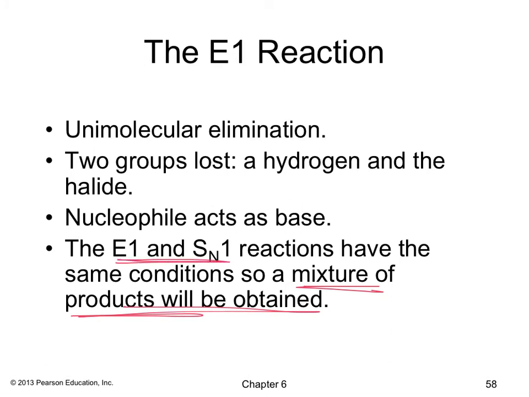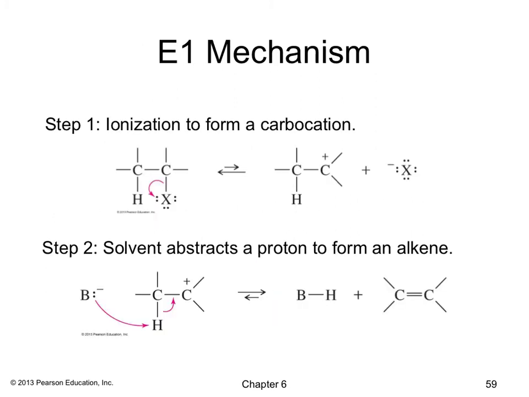The E1 and SN1 reactions have the same conditions, so a mixture of products will be obtained. If you're going to have E1, SN1 will likely occur, and so you're going to get a mixture of both elimination products as well as substitution products. So the mechanism. Again, the first step is kickoff of the halide, under equilibrium conditions shown here.